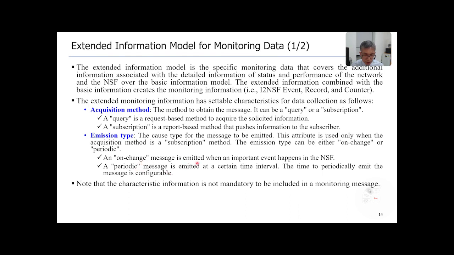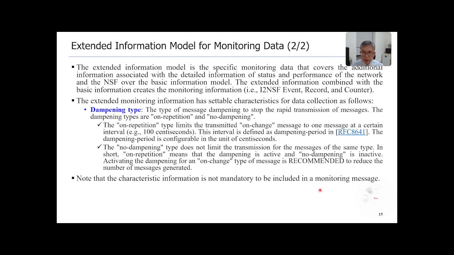An on-change message is emitted when an important event happens in the NSF. A periodic message is emitted at a certain time interval. The time to periodically emit the message is computable. Note that this characteristic information is not mandatory to be included in a monitoring message.